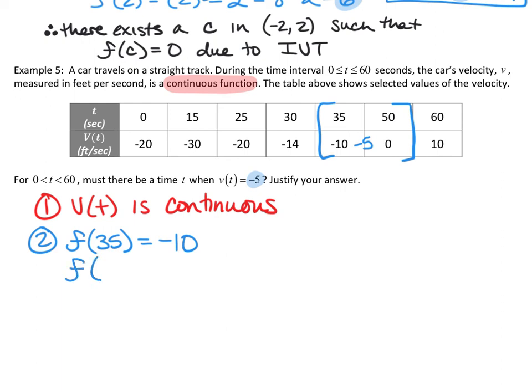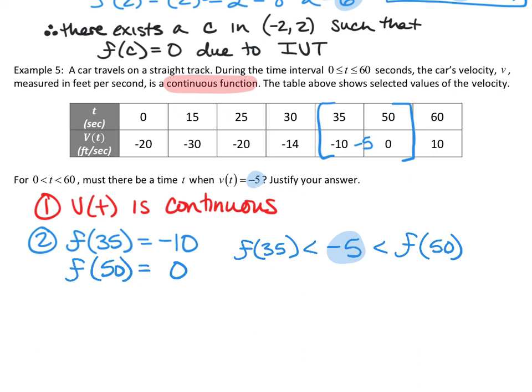And that f of 50 is equal to 0. Therefore, because -5 is between -10 and 0, we can say that f of 35 is less than -5, which is less than f of 50. Remember, this is the number we are looking for, and this is just -10 and 0. And -10 is less than -5, which is less than 0. We have both things stated, so we can do our conclusion.